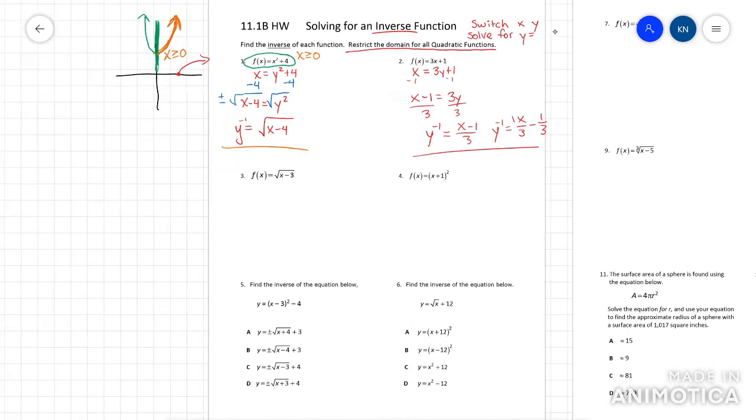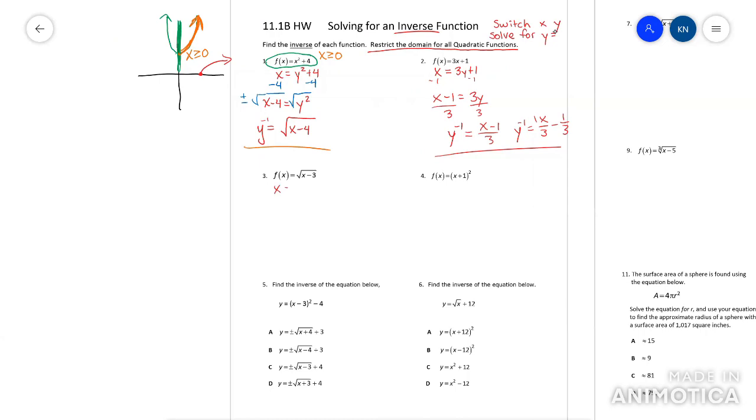Okay, number 3. Switch your x and your y. Now go solve for y. So you need to cancel this square root by squaring, and then add your 3. So you end up with y to the negative 1 equals x squared plus 3.